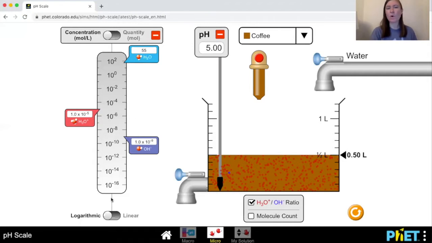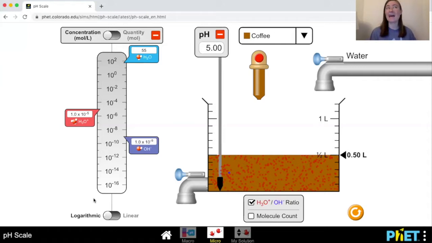Ordinary solutions have H3O+ concentrations that vary really dramatically. We could talk about how acidic something was by talking about the concentration of H3O+, but that starts to get a little confusing because we're looking at numbers ranging from essentially around 1 down to something like 10 to the negative 14.